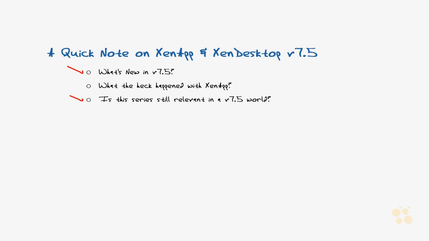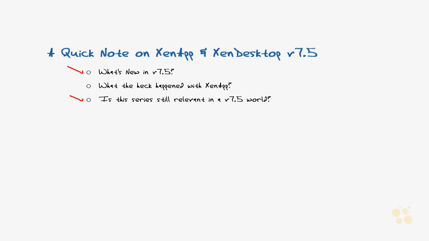We have support for AppDNA, which is a Citrix product that we won't discuss here in this series. And there's also an update to Citrix StoreFront, which will improve some of the early quirkiness of that original version of StoreFront. I believe also in 7.5 we have additional support for vSphere version 5.5 hypervisors, so we can make connections there.